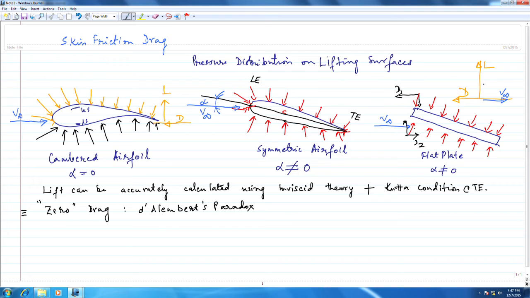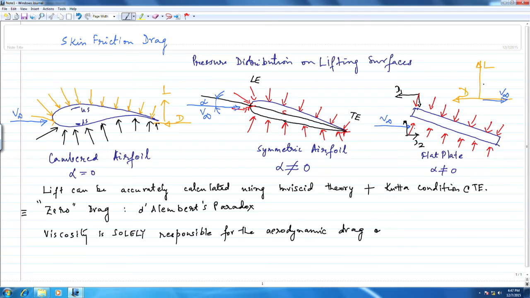Therefore, one can really say that viscosity is solely responsible for the entire aerodynamic drag on a lifting surface.